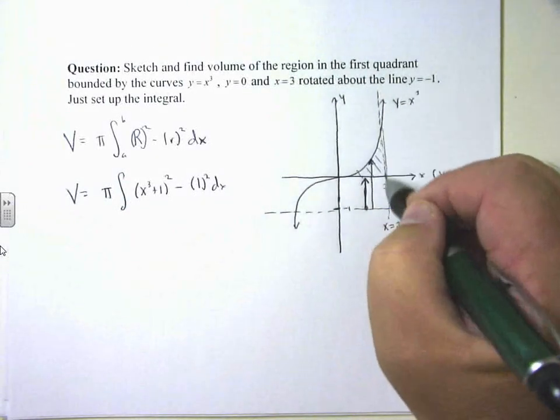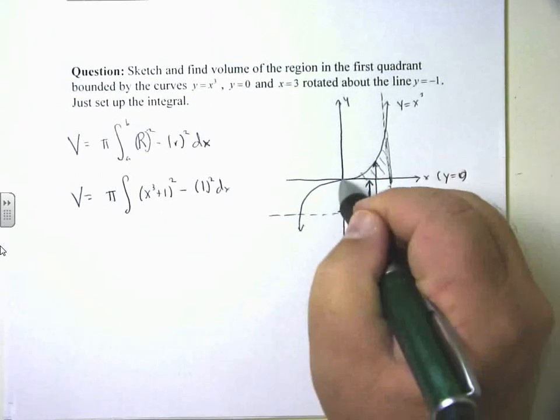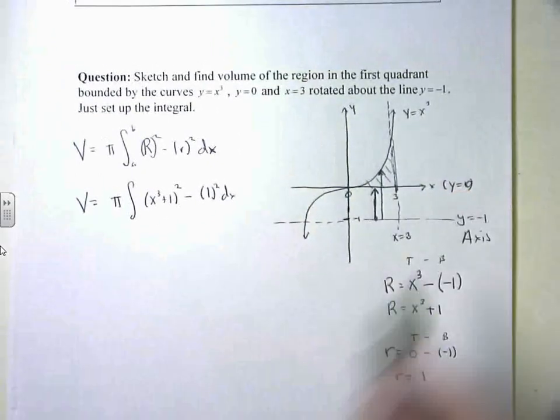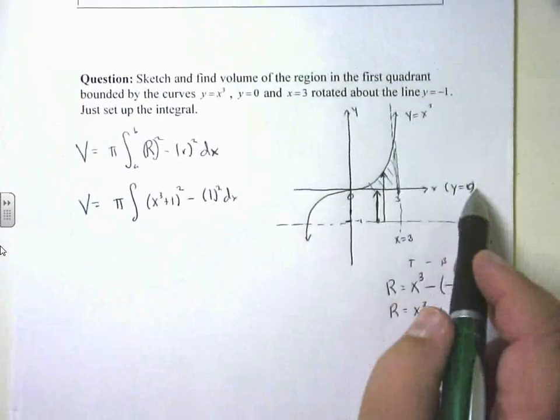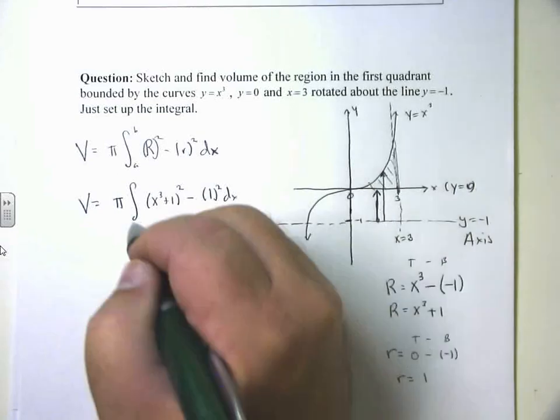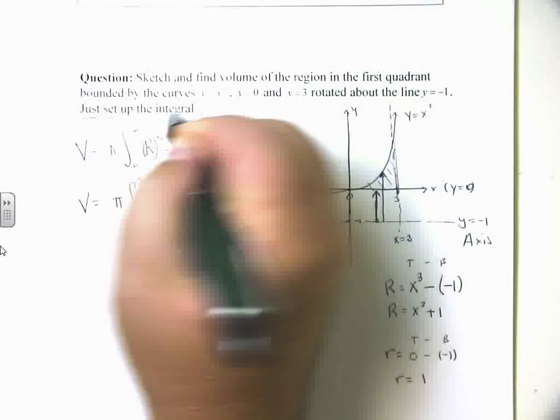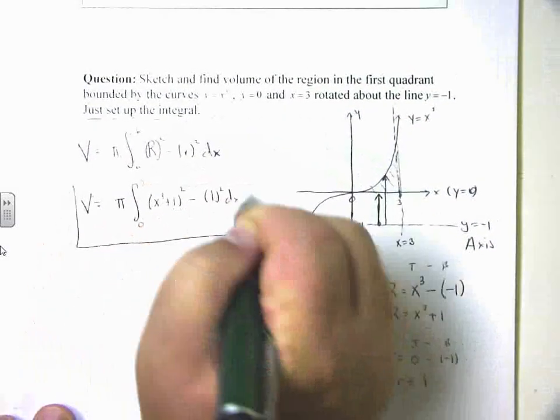One is clearly x equals 3, and the other one is the origin right here. They meet up, x cubed and y equals 0. I could set them equal to each other and solve, but it's pretty easy. It's x equals 0 there. So it's from 0 to 3. And in this problem, they just say set up the integral. So this would be my solution.